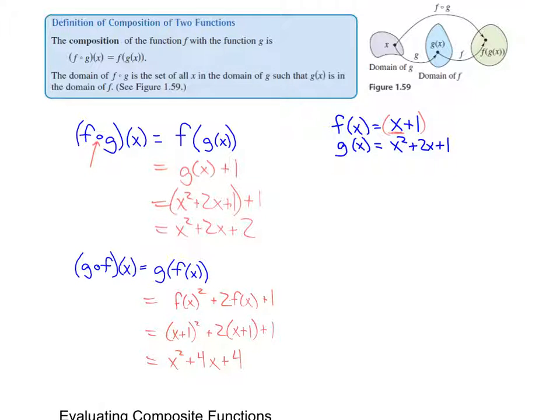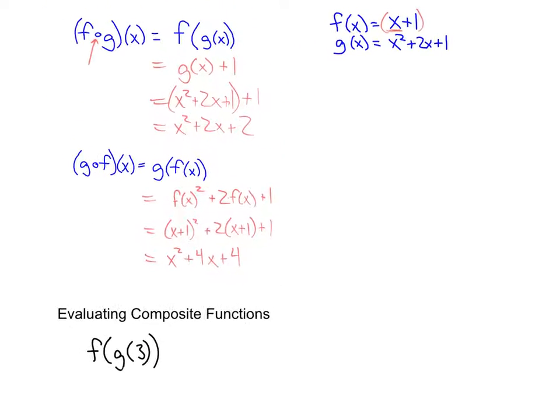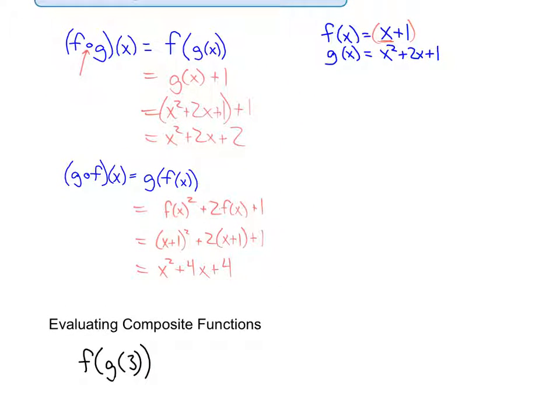Alright, so there's a quick overview of the operations. When we're evaluating, last thing here, f of g of 3, you have options again. You can evaluate what g of 3 is.